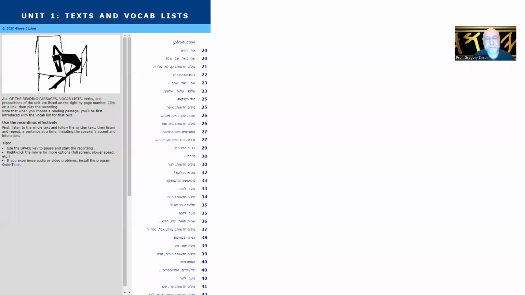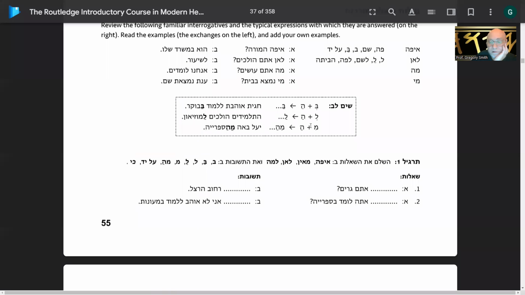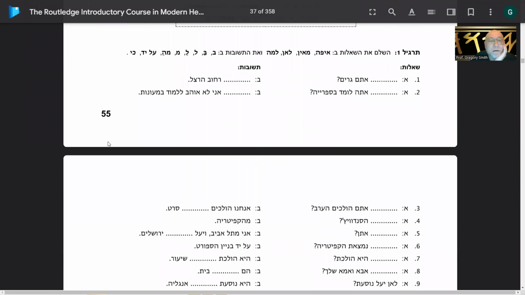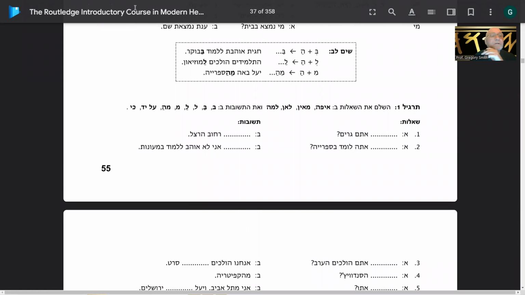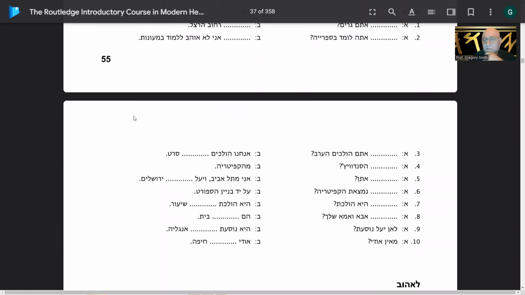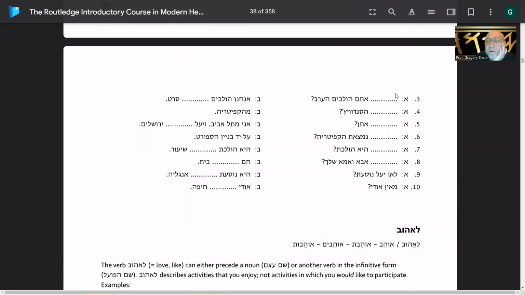Okay. All right. This might be a little difficult here. I might have to set up a separate page here. Let's see. Okay, so we have blank atem olechim ha'erev?